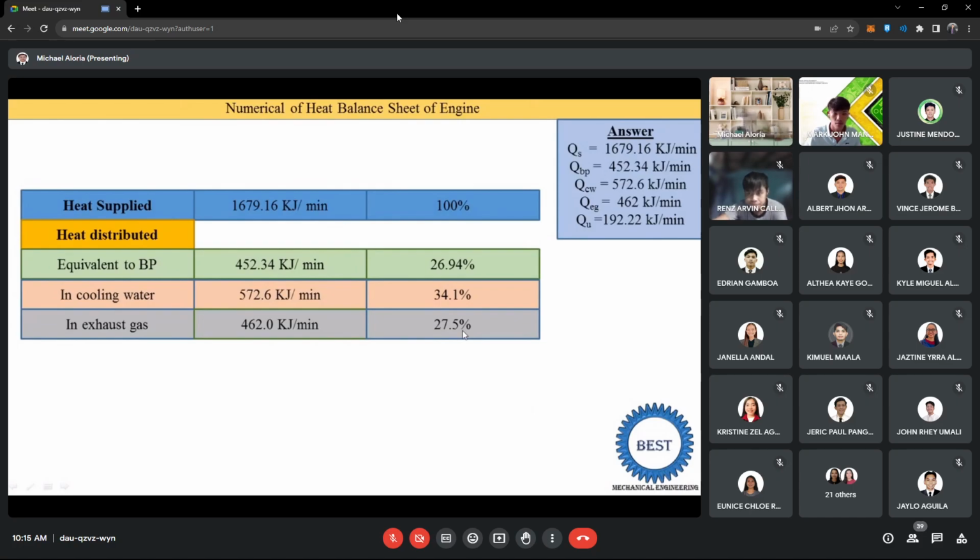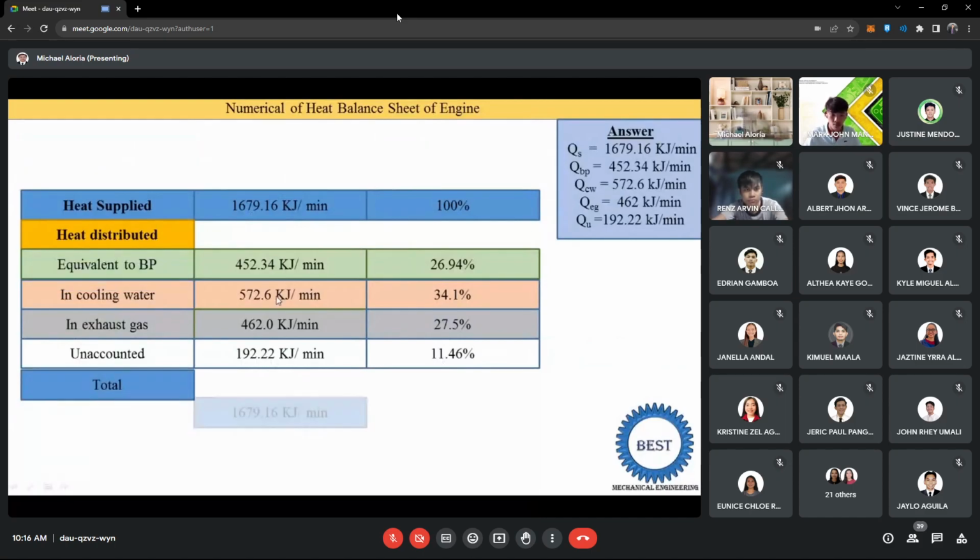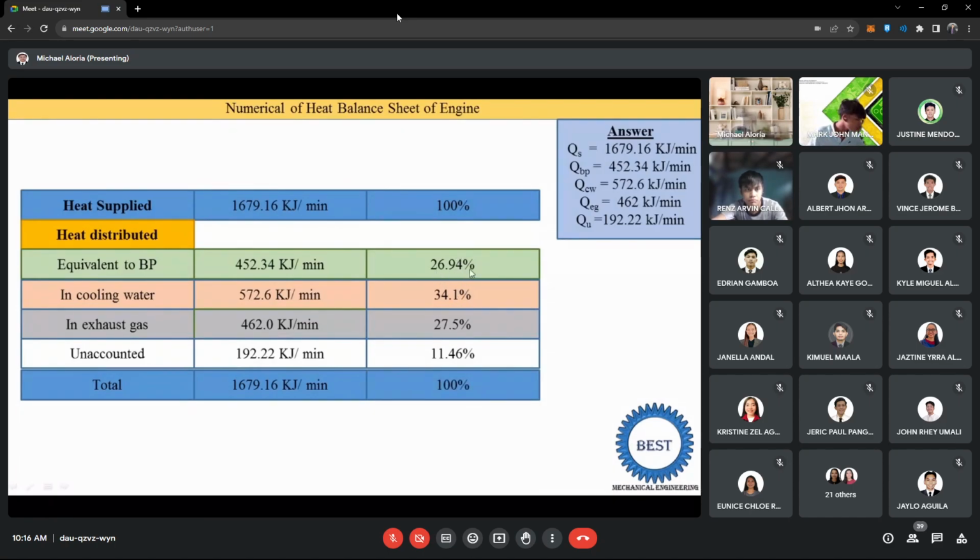Unaccounted is 192.22, divided by 1679.16 times 100, then we get the percentage 11.46. Now we make the total. The total of the heat distributed is by default equal to the heat supply. All this summation is equal to 100: 26.94 plus 34.1 plus 27.5 plus 11.46 is equal to 100. So all are the same.